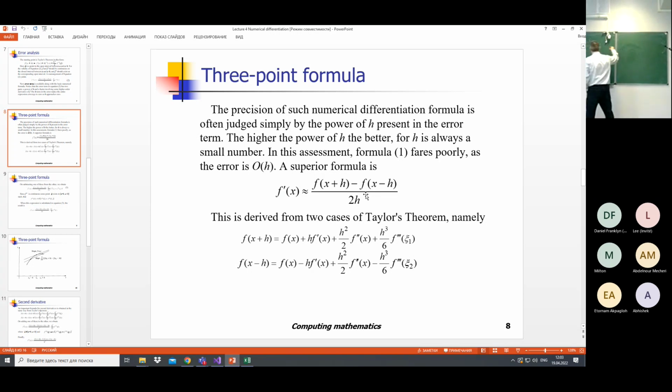No, it cannot be. So what should you compute first? F of 0.9, right? What is it? Did you compute it or not? Yes, please tell me the answer.